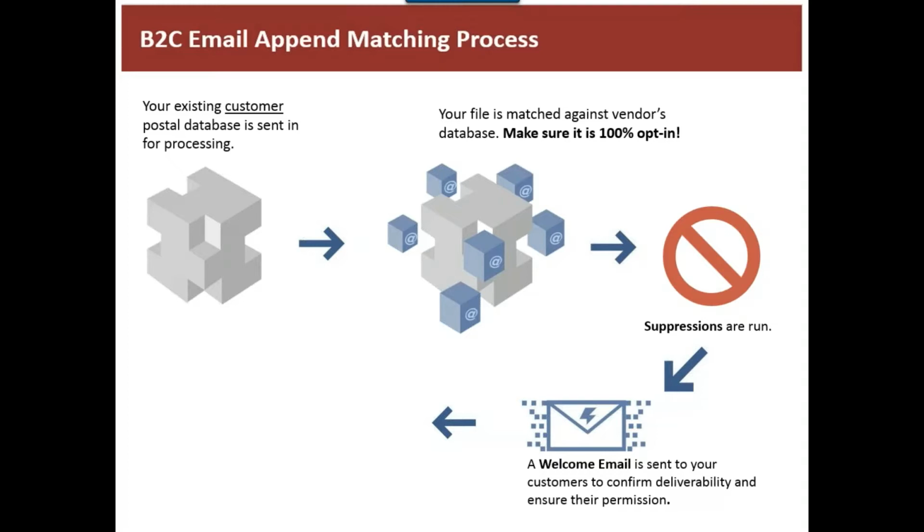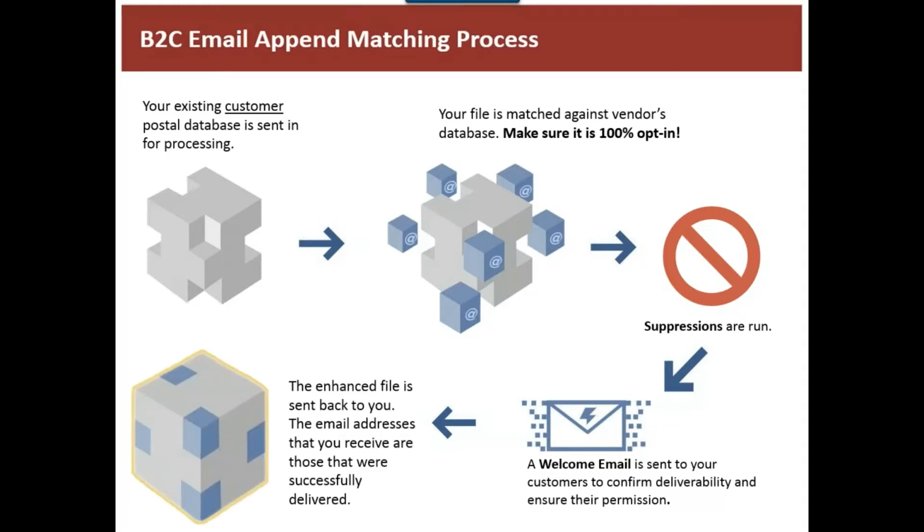So it's strongly recommended, and I put strongly in bold and underlined. Finally, you get your file back to you. It's filled with email addresses. Every email address you have, you know, is successfully deliverable and isn't going to cause any problems in your database, and then we'll talk about how to implement those into your campaigns.